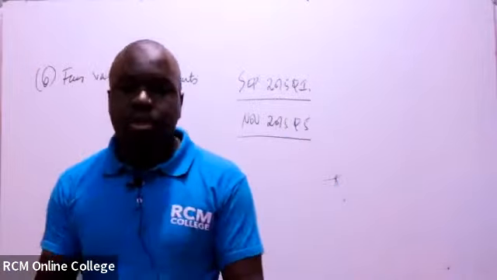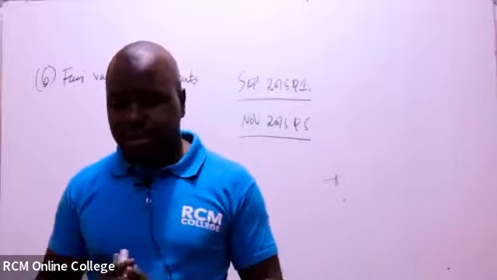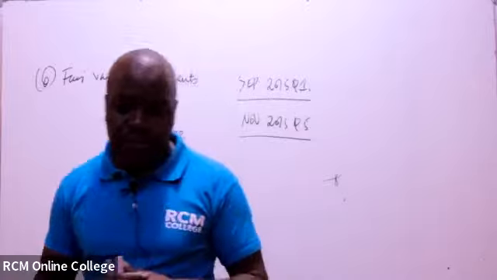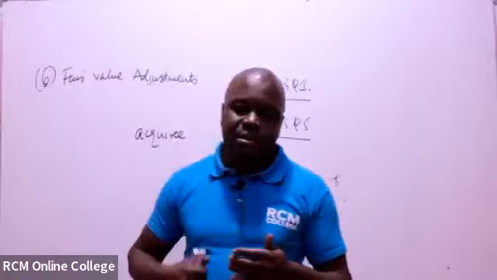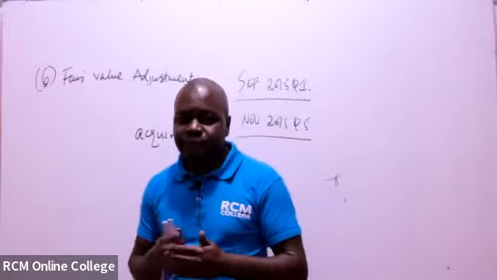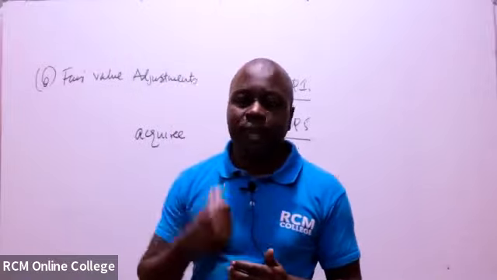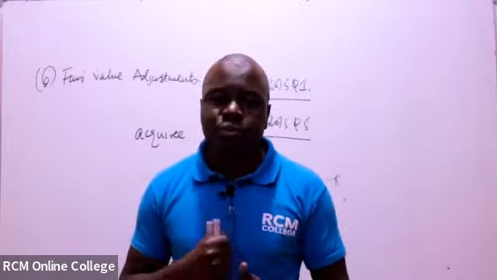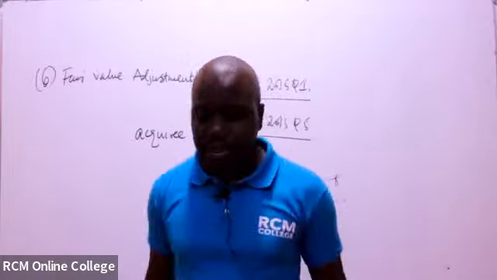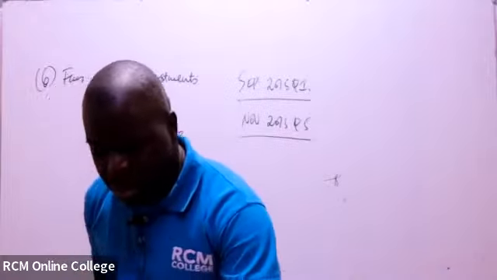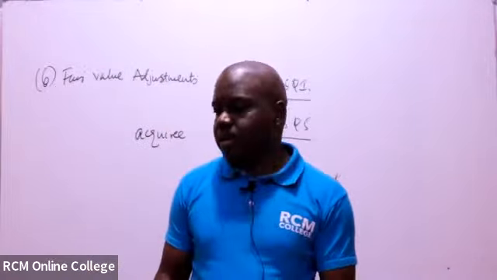Hopefully by the end of this month, God willing, we should be through with the syllabus and start block revision by the first day of August. We'll see what will happen before then.